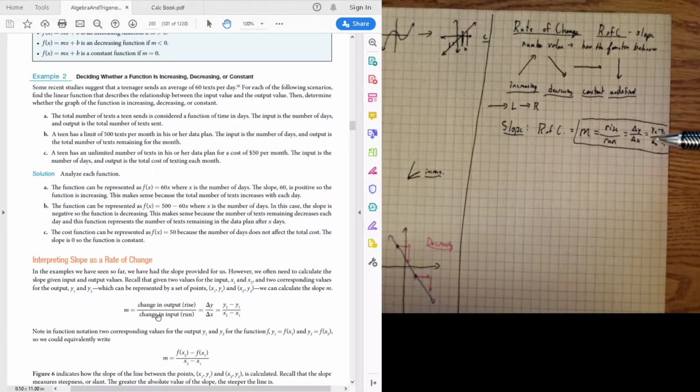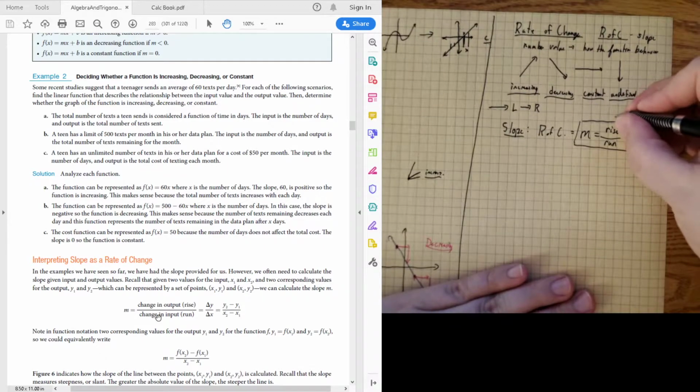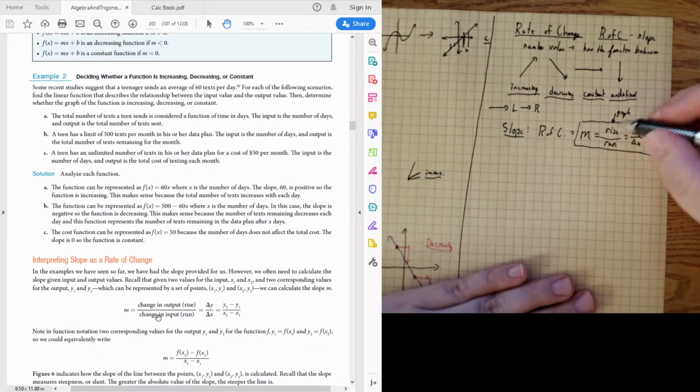This is the slope. We need to understand slope at a fundamental level, and each of these has to do with different things. I like to think of this first one as being really helpful when I'm looking at a graph or a picture. Because rise, I can see, it's visual. Run, I can see, it's visual. So this, to me, tells me when I'm looking at a picture, I want to look at rise over run. The delta y over delta x is the standard definition.